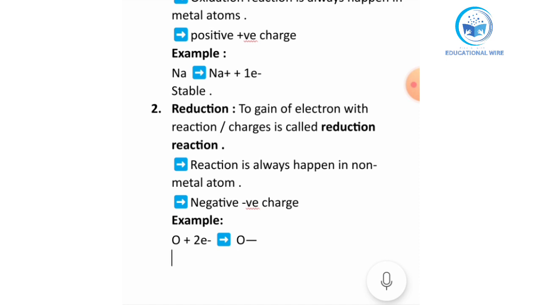Now let's move further. After oxidation and reduction, we have one more term called redox reaction.